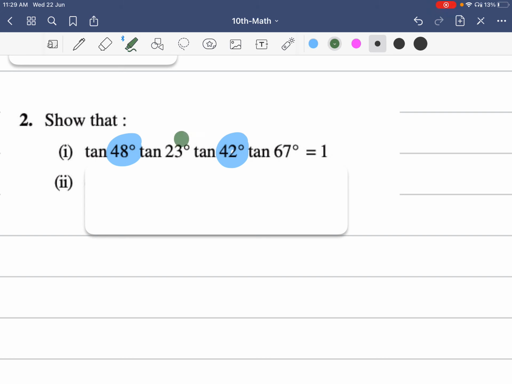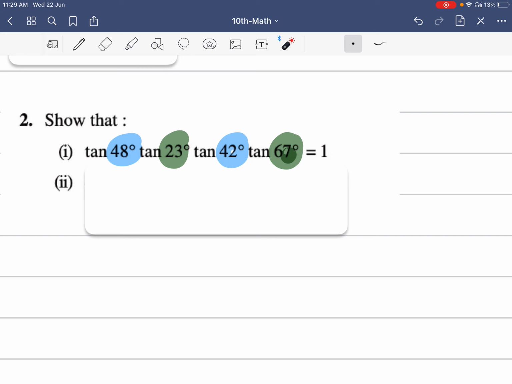And similarly, 23 and 67, their addition is equal to 90. So there are two numbers, 48 and 42, where the addition is equal to 90, and again two numbers, 23 and 67, where the addition is also equal to 90.